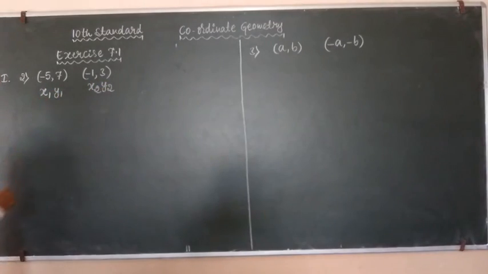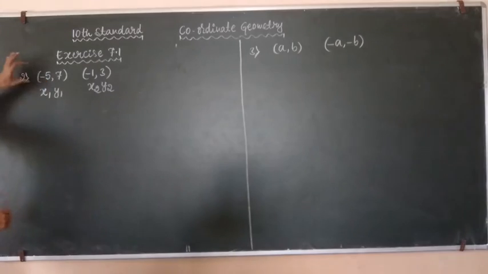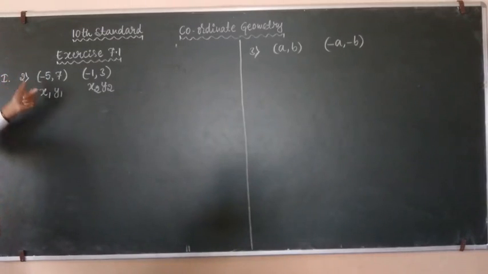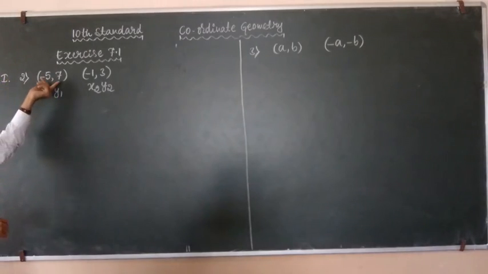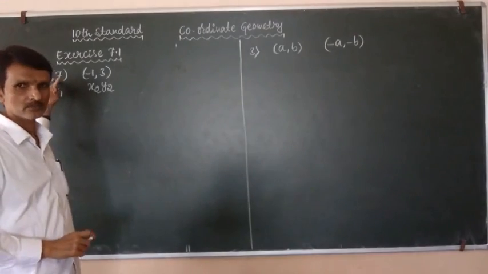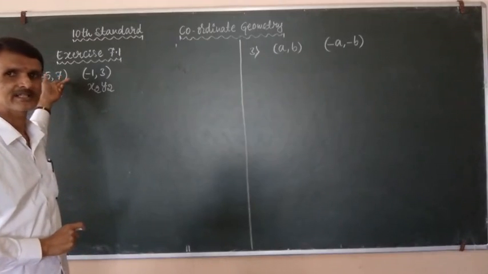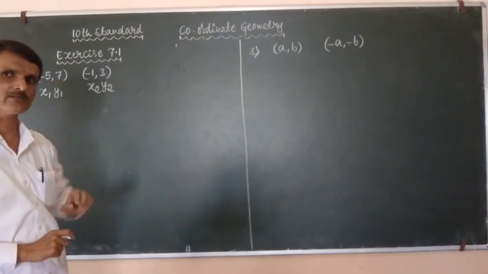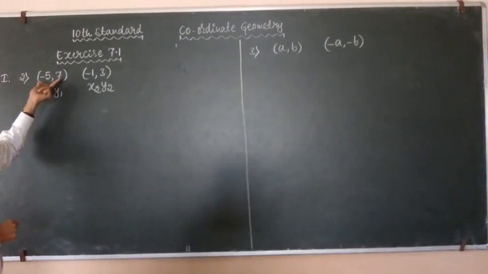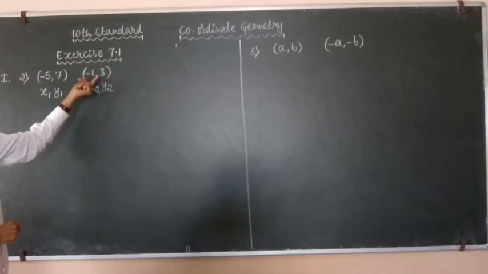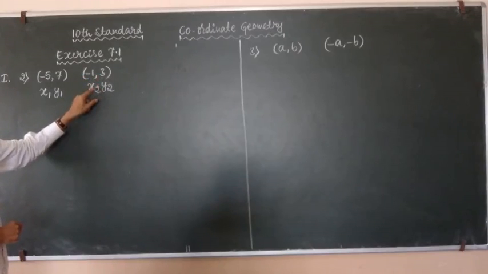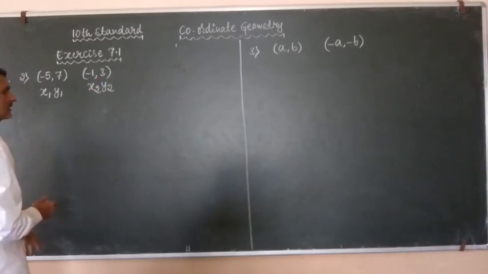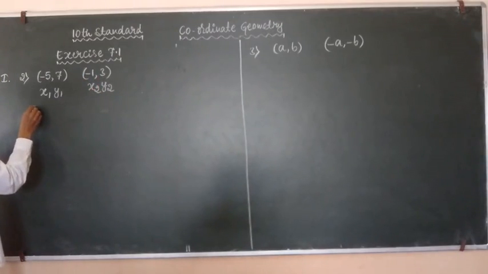So here, in the first point, write down x1, y1, because it is of the form of a coordinate system. The point is always in the form of x comma y. So therefore this is x1, y1, and this is x2, y2. Now write down the values of x1 and y1.